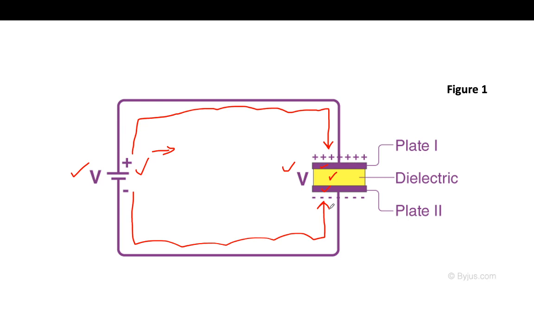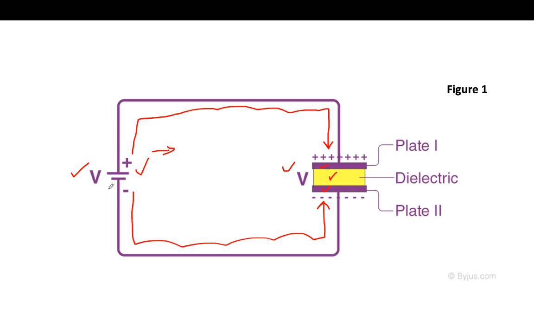At steady state, the current tries to flow through the capacitor from its positive plate to its negative plate, but it is unable to flow due to the separation of the plates by an insulating material.